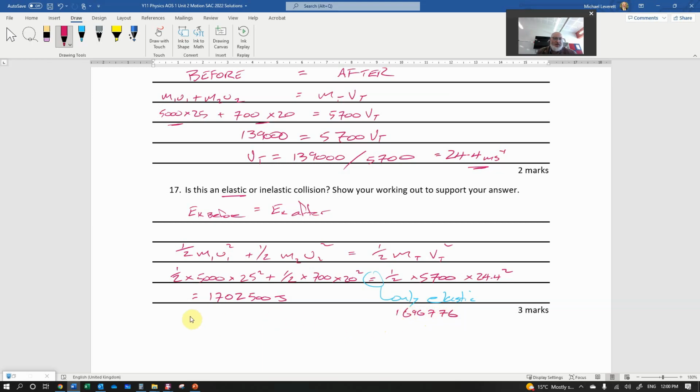Okay, so you get a mark for this one, you get a mark for this one, and then you would get the third mark by saying it's inelastic, as EK before is greater than EK after. Energy would have been lost. You don't have to put this in, but energy would have been lost to sound, heat, etc.